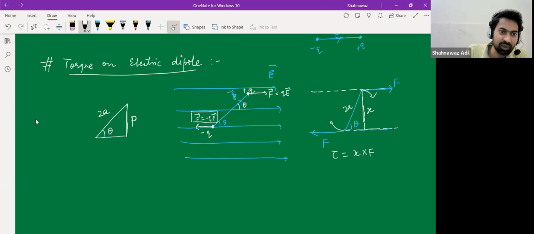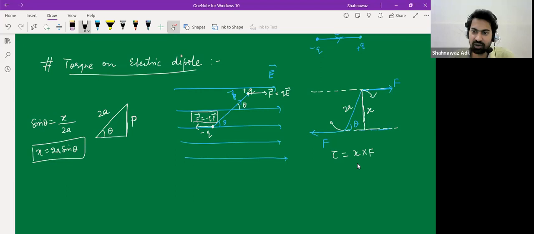So sine theta is represented as x by 2a. So x would be 2a sine theta, right? X is 2a sine theta. Now we know that x is 2a sine theta and F is QE.